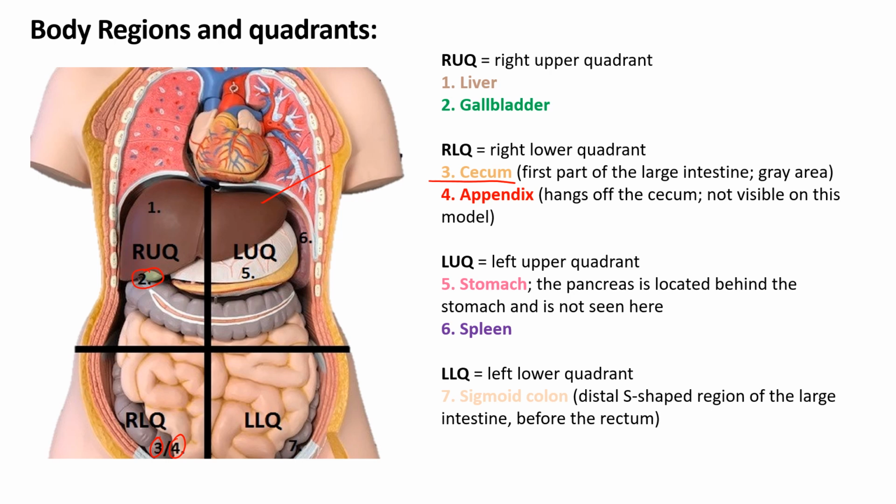And four, we barely can see it, but we have a part of the cecum, which is called the appendix. But other importance here in the left upper quadrant region, number five, the stomach. The stomach, if we remove the liver, will look like this.